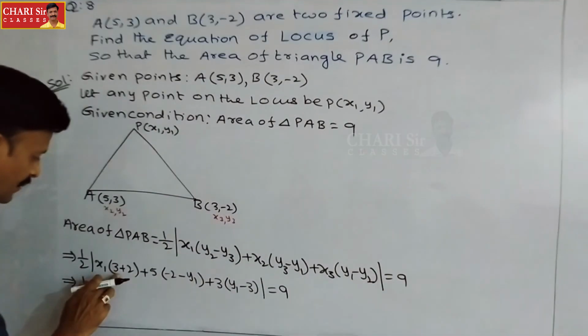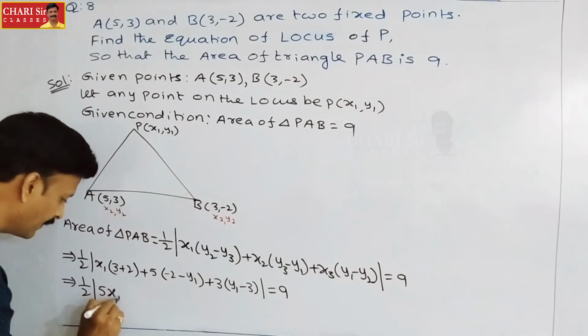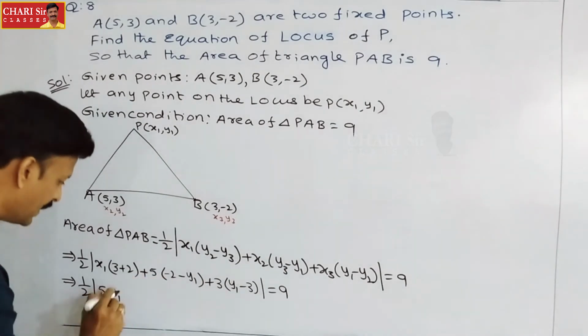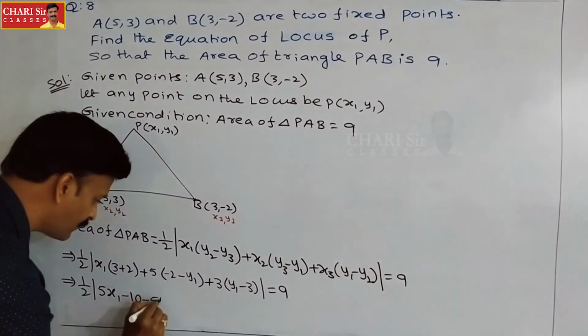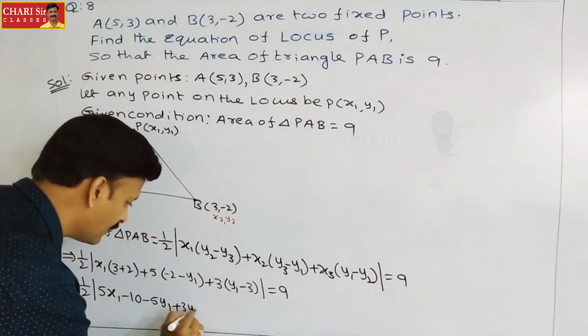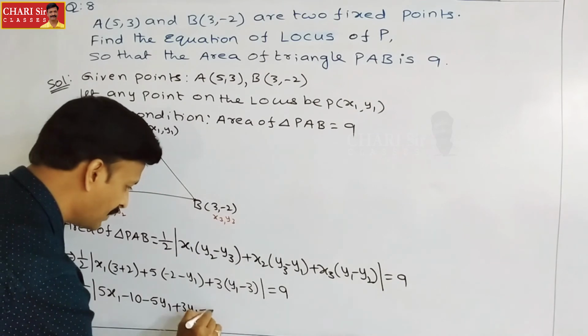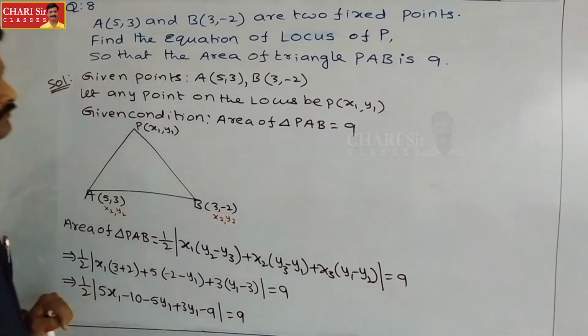So 3 plus 2 is 5, into x1 is 5x1, and 5 into minus 2 is minus 10, 5 into minus y1 is minus 5y1, 3 into y1 is plus 3y1, and 3 into minus 3 is minus 9. Modulus closed equal to 9.